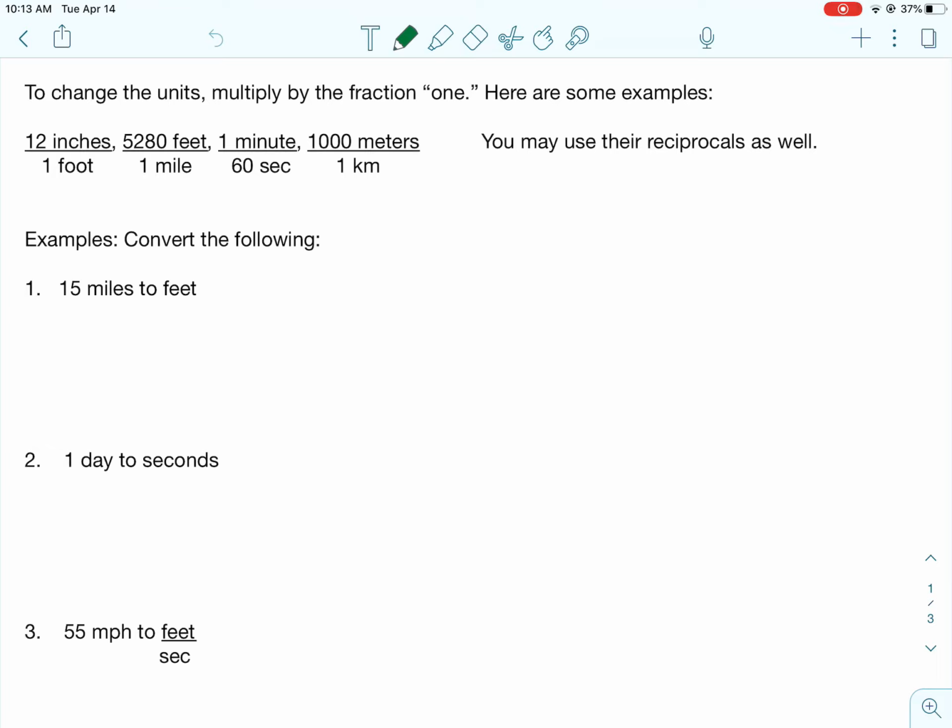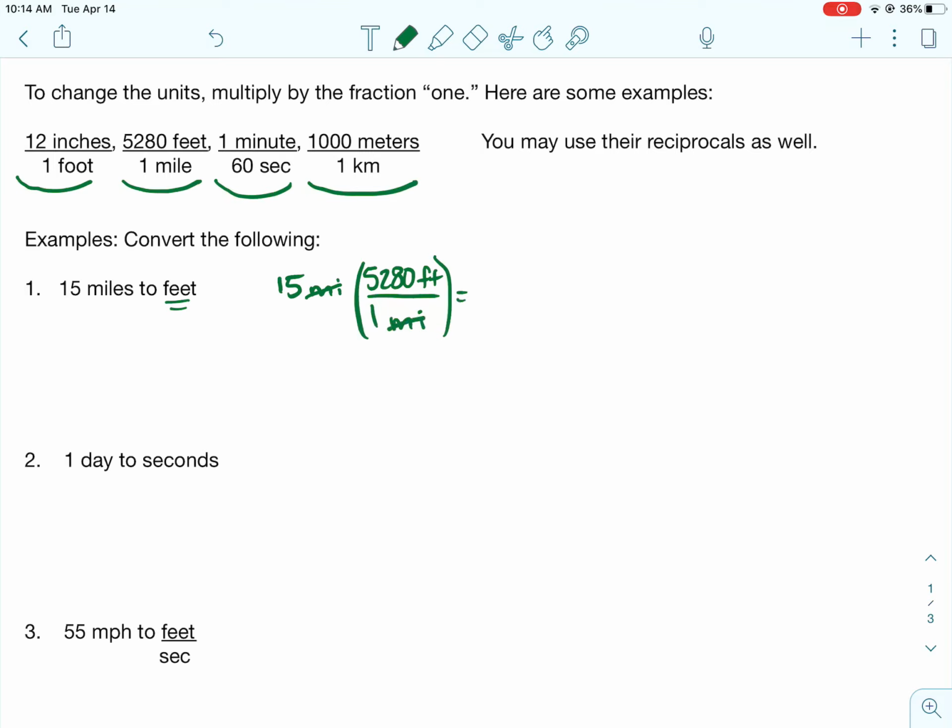All right, so the first example, we're going to convert 15 miles to feet. So I would start off and just write 15 miles. And we're going to multiply this by a conversion fraction that's equal to 1. Because I want to cancel miles, and miles is in the numerator, I'm going to put miles in the denominator.